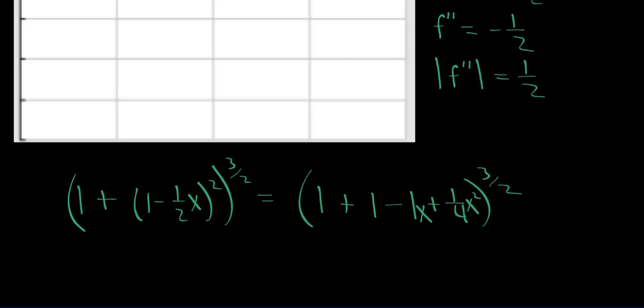Okay, gotcha. I've got the first thing squared, 2 times the product. The product is negative 1/2, so 2 times that is 1. I think that's it, right? This is the bottom. So this is going to be 2 minus x plus 1/4 x squared, to the 3/2.